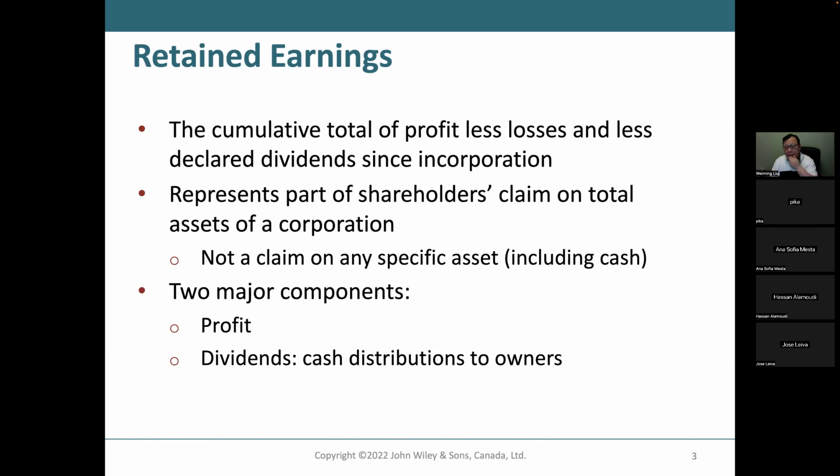We mentioned that retained earnings is the accumulation of profit less loss, and less declared dividends since incorporation, right? So the way to increase retained earnings is through your profit. The way to decrease retained earnings is when you have a loss from operations, or you issue dividends. So when you issue dividends, your retained earnings will decrease.